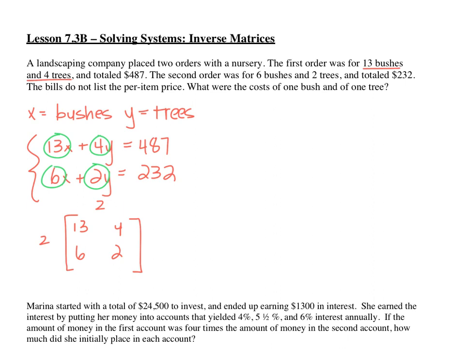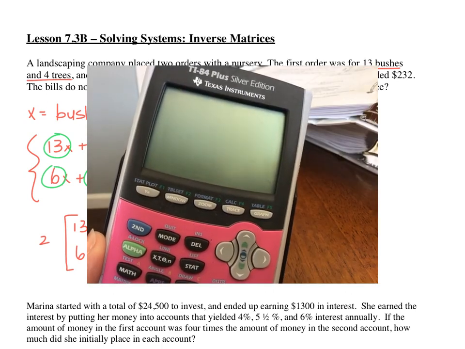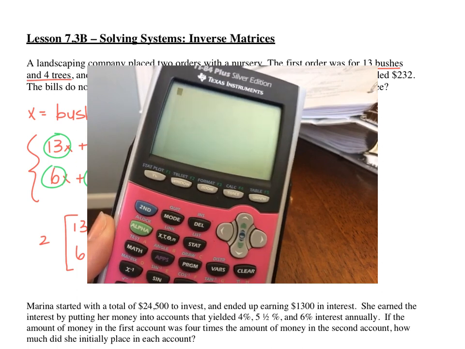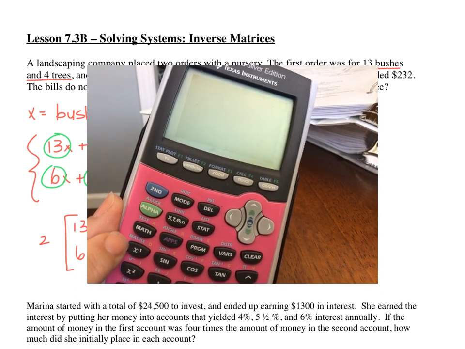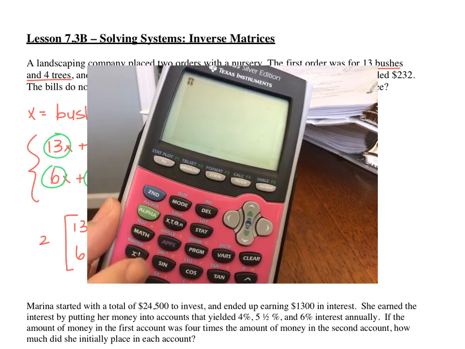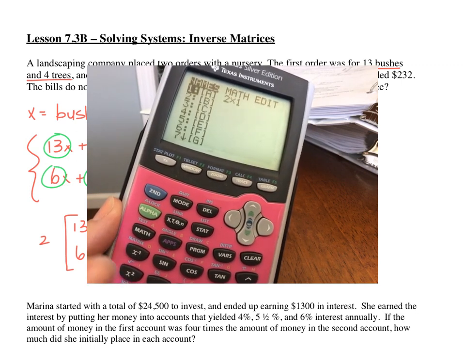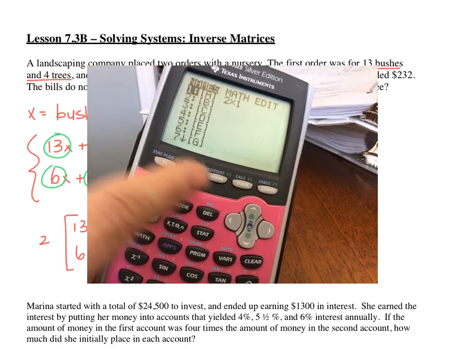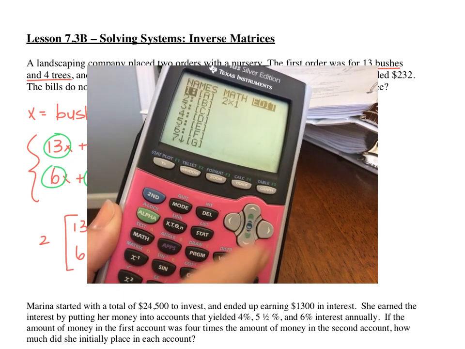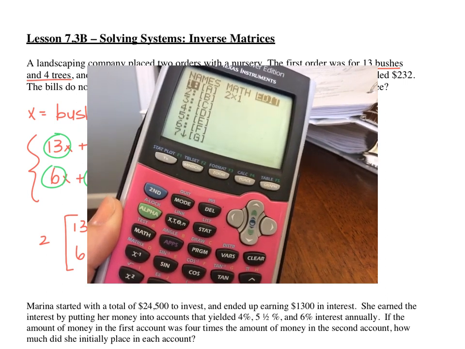Now you want to grab your calculator, and I'm going to show you how to input this matrix into your calculator. Okay, when you turn your calculator on, clear it out, and the matrix key is right here, right above your inverse key, so I'm going to do second matrix. And we are going to give our matrices names. Now, my first matrix is matrix A. I want to go over to the edit option and select number 1.